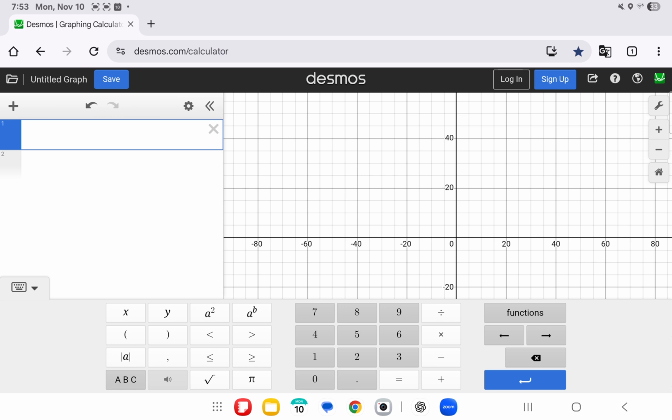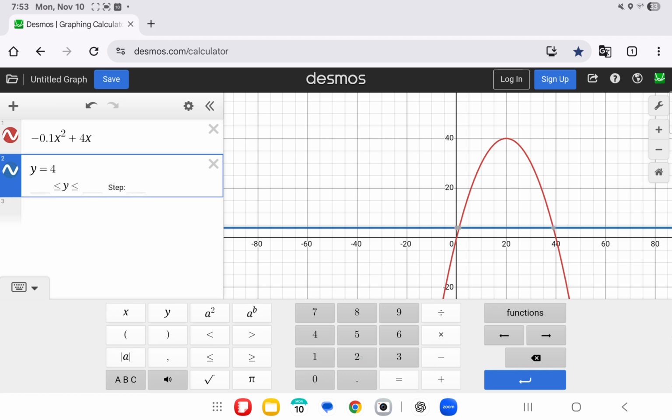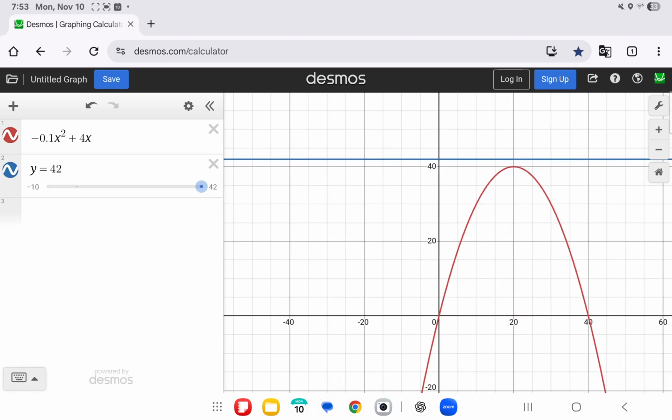So we have a negative 0.1 x squared plus 4x. And then for our second equation, we will have y equals 42. And so these equations don't cross. And so what happens is we have no solution because they don't cross.